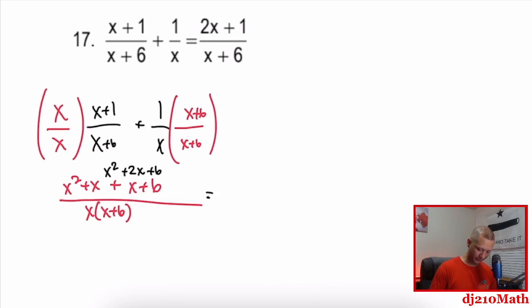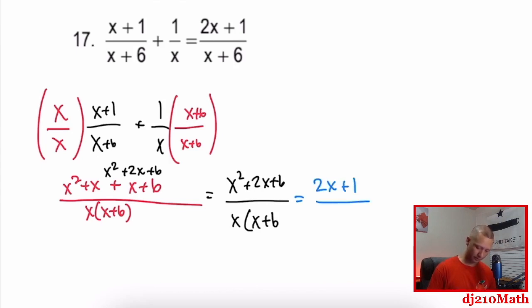Okay, so left-hand side, we have x squared plus 2x plus 6. I'm just transferring the information left. This is going to equal what's on the right: 2x plus 1 over x plus 6.